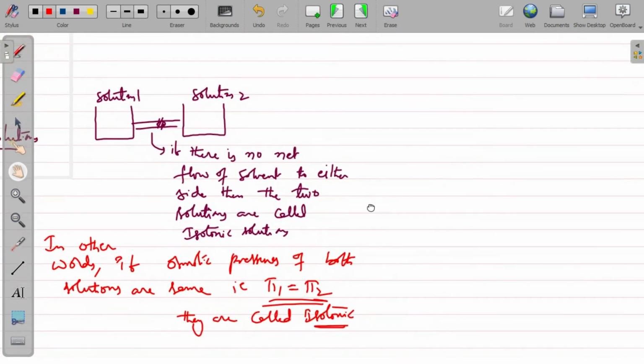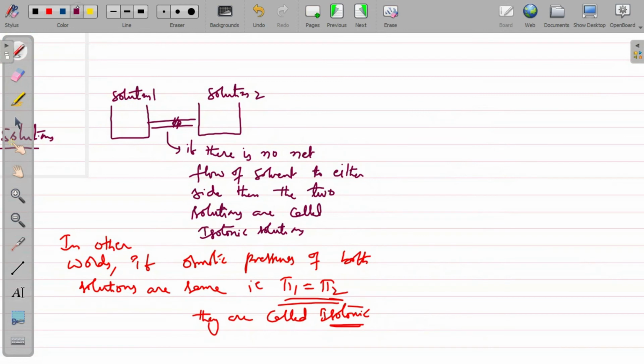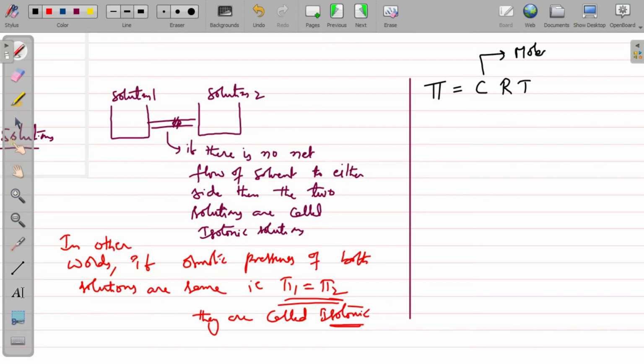Now, what is the relationship between a solution and the osmotic pressure? Osmotic pressure is calculated based on the formula pi is equal to C into R into T, where C is the molarity of the solute.